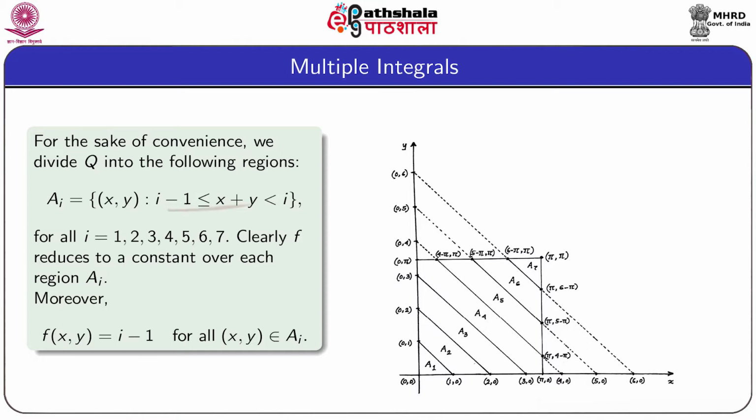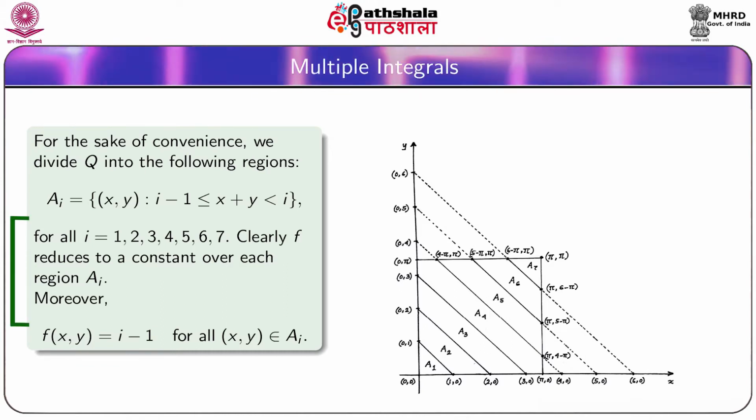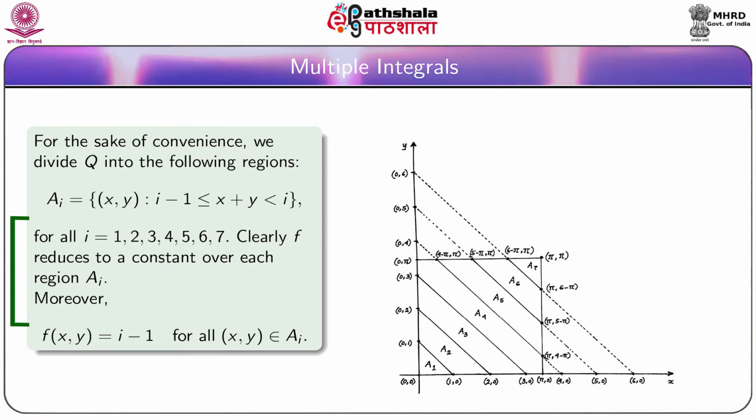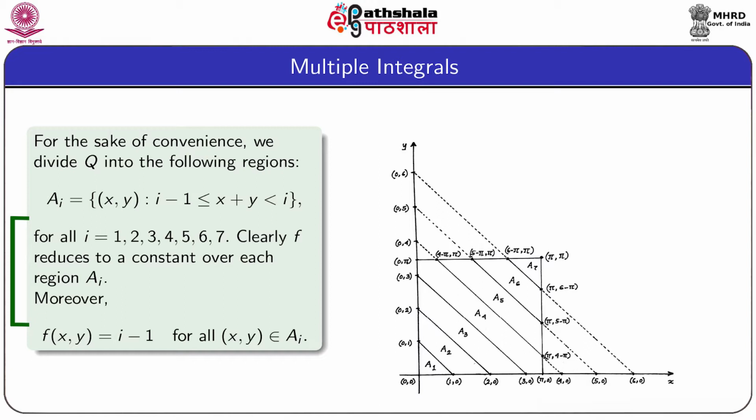A1 is the collection of all (x, y) such that x plus y is greater than or equal to 0 but strictly less than 1. Similarly, we define A2, A3, A4, A5, A6 and A7. One can see the regions from the attached figure.